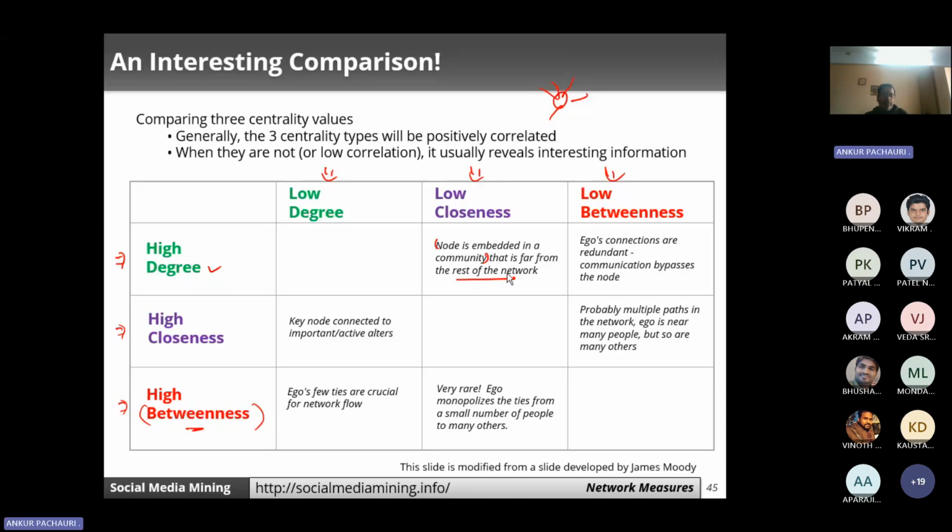You are a king of a certain community, but that community is not in the society. You are in the jungle. You are important to your own community only, but your community is not part of the society.